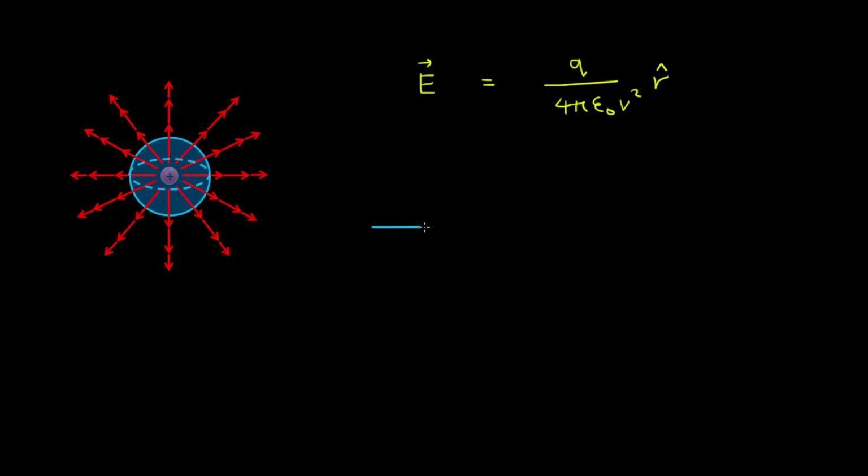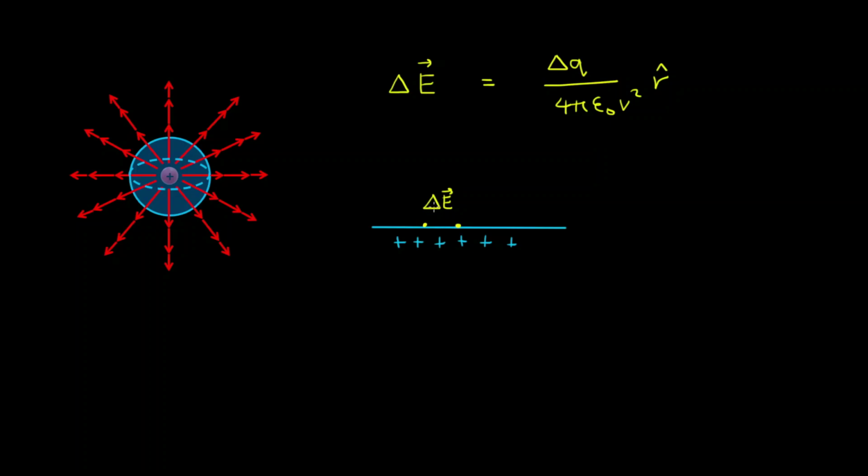Now if we have a distribution of charges, for example along a wire, and I suppose we look at two finite points and we want the change in electric field between those points. Well, the change in electric field is proportional to the change in charge between those 2 points.